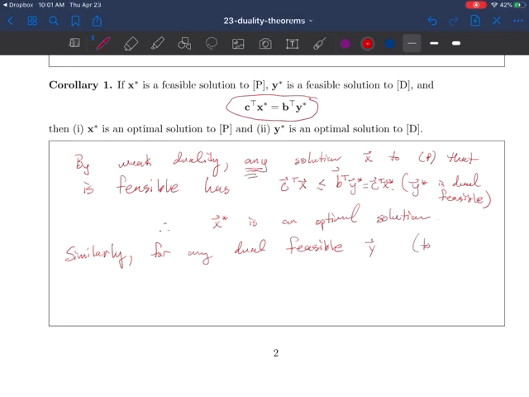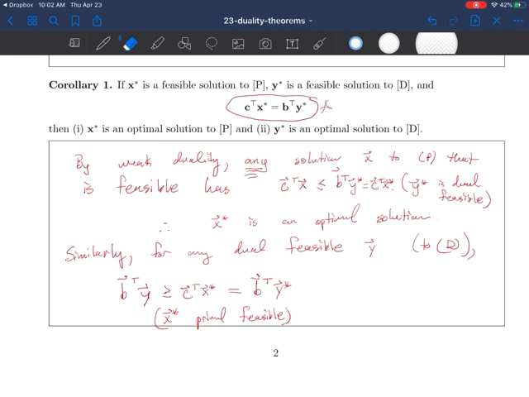Similarly, for any dual feasible y, in other words, feasible to D, that is, b transpose y is greater or equal to c transpose x star, because x star is primal feasible, which is equal to b transpose y star by the assumption of the theorem here.